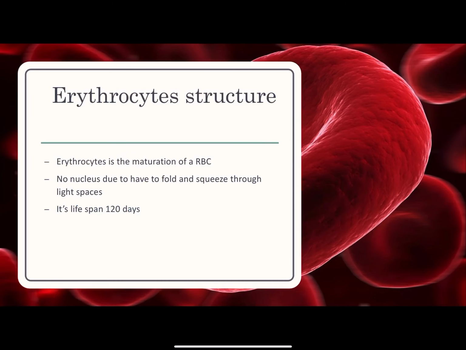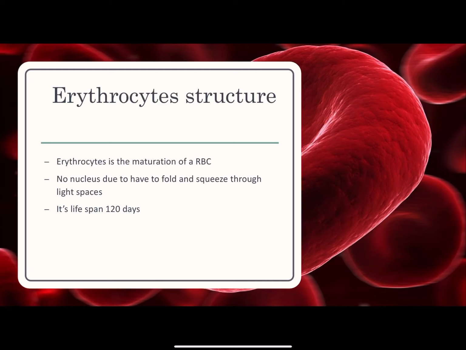So the structure of the erythrocyte: erythrocyte is the mature RBC. It has no nucleus, and this is so that it can fold and squeeze through tight spaces as it runs inside the blood.